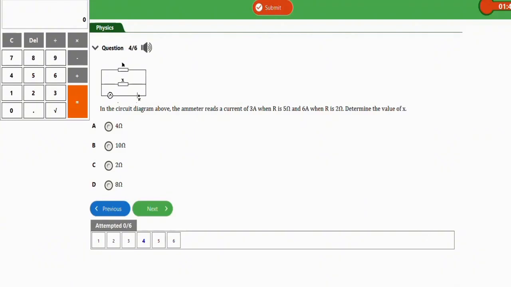So for this particular question, the internal resistance is X. This is the formula we're going to apply to solve this kind of problem. It's going to be 3 ampere times, let's put everything in brackets, 5x over 5 plus x, equals 6 ampere times 2x over 2 plus x.